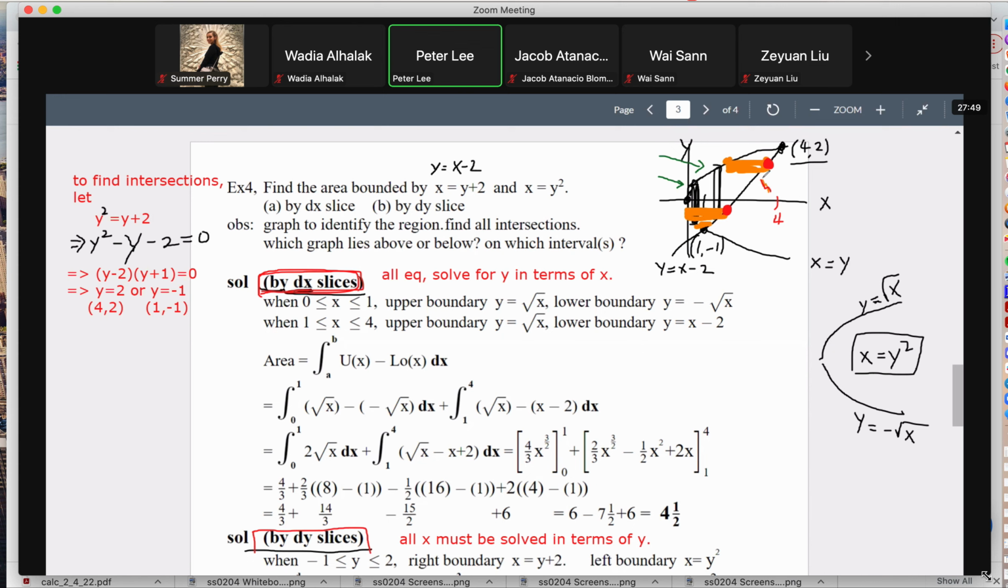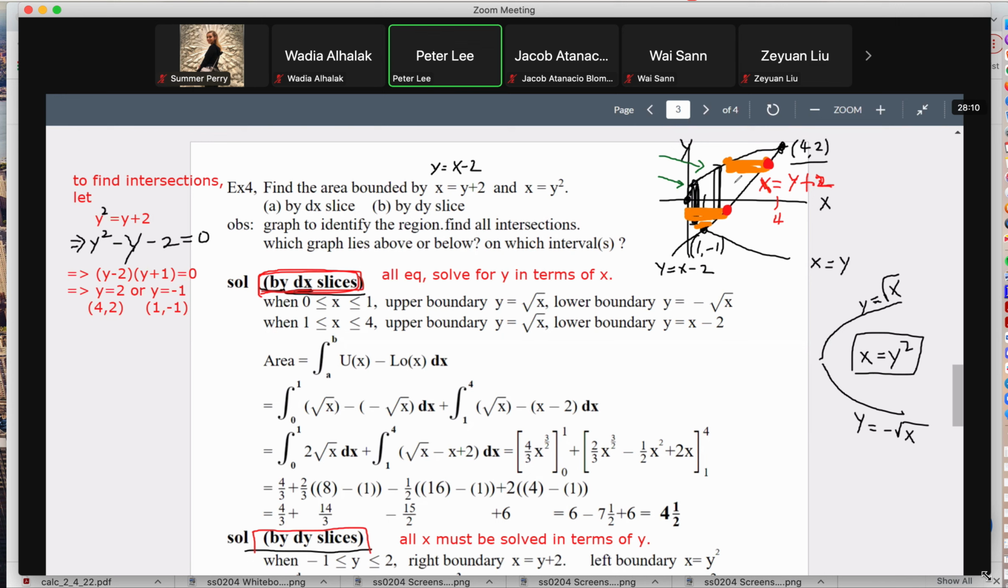So x is equal to y plus 2. So the right boundary function is now x equals y plus 2. Right boundary is kind of the upper boundary because it has the higher x value.